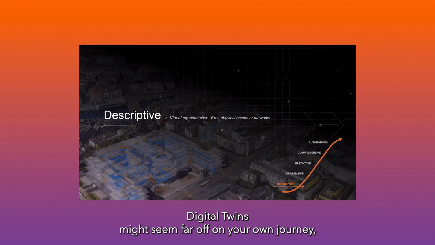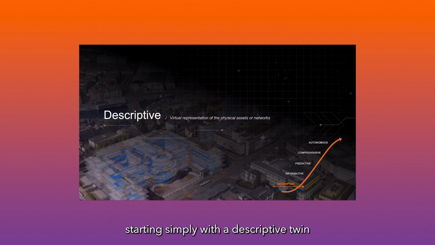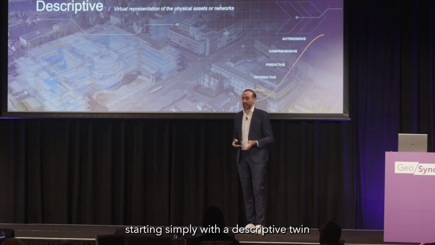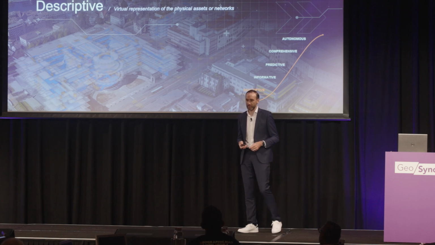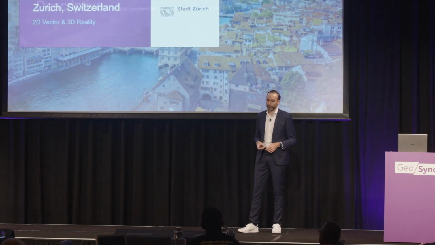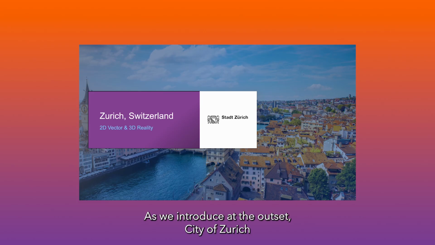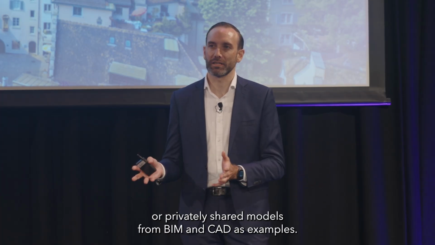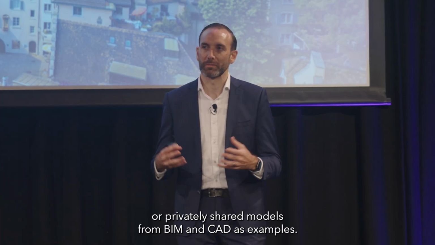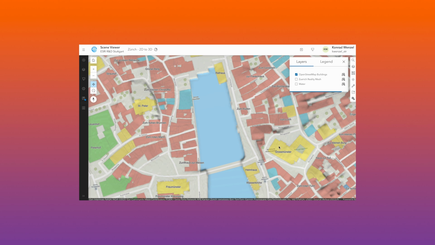Whilst the previous digital twins might seem far off on your own journey, starting simply with a descriptive twin is within reach for you and your organization, rest assured. As we introduced at the outset, City of Zurich is home to a wealth of different data, be it open, publicly available, or privately shared models from BIM and CAD as examples.